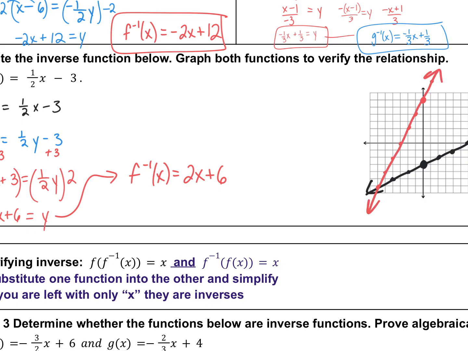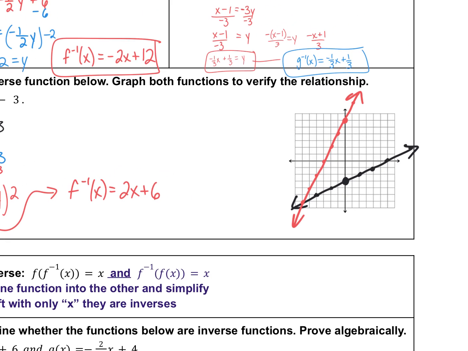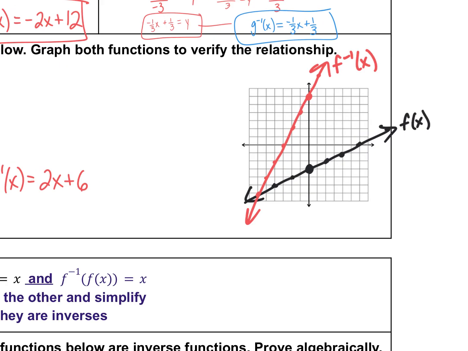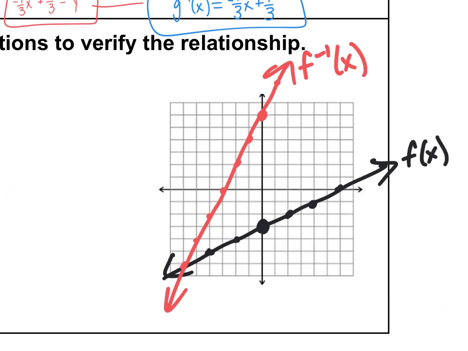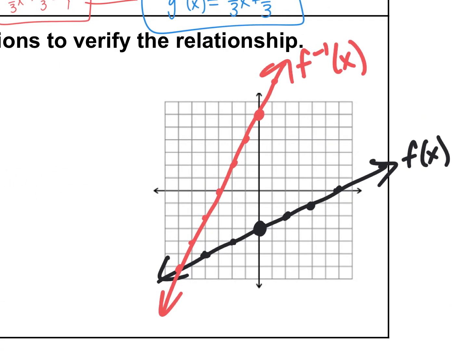Okay. I didn't tell you to do this. You don't have to do this, but I'm going to label these graphs just so I can see which one's which. And then my last question for you is graphically, are these inverses? Are they symmetrical through this line right here? Yeah?